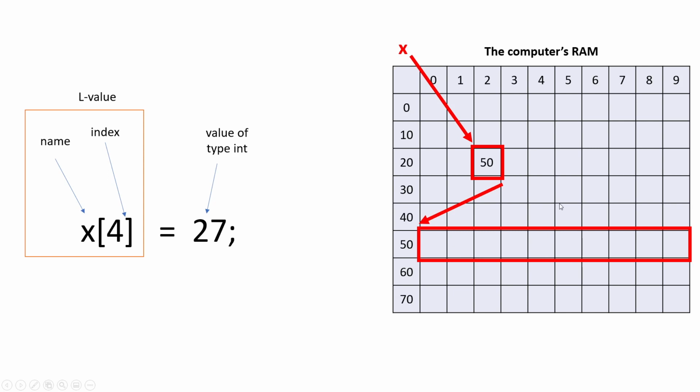And I can calculate this really easily because remember that X contains 50, the starting location of the array. This is called the starting address. If I add 4 onto that, then I get the location where I need to store my R value. So the 27 here is now going to get stored into that location in my array.